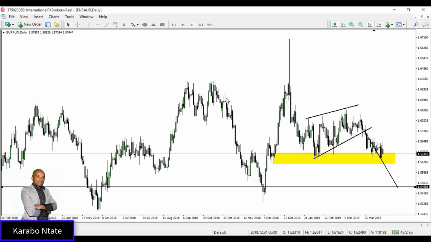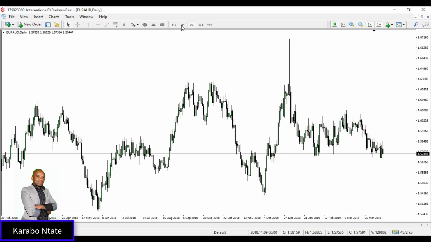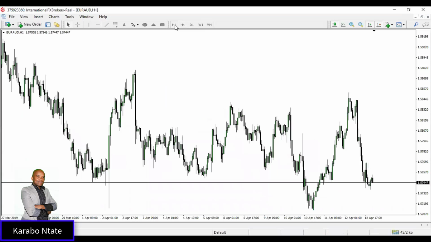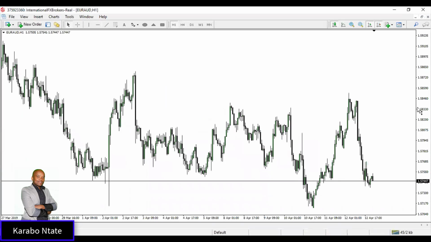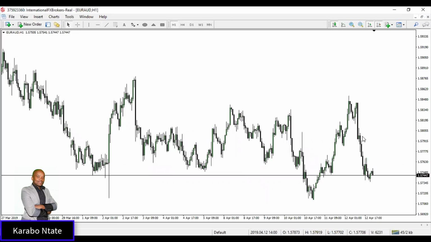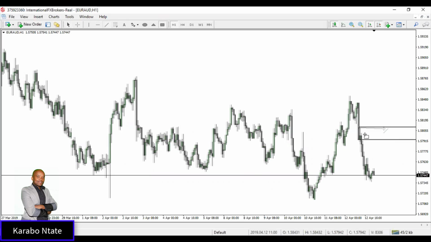and come and retest this level over here. So what we know on the daily time frame is that we now know that we want to be sellers in the market. Now, if you go down to the H4, there is this nice supply zone over here which was created. This is a drop base of drop.